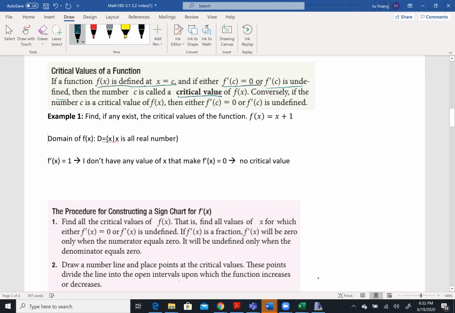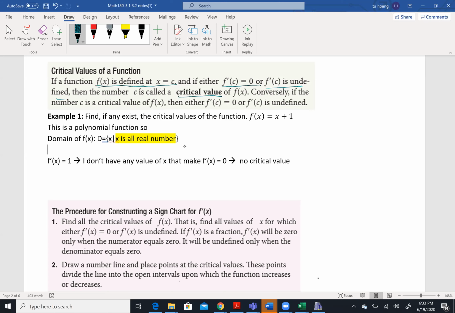Because this is a polynomial function, the domain of f(x) is all real numbers. So any value of x makes f(x) defined, and I don't have to worry about that case.